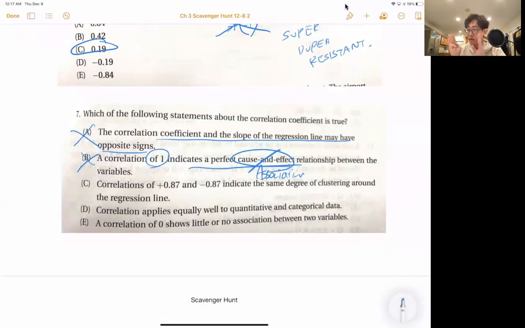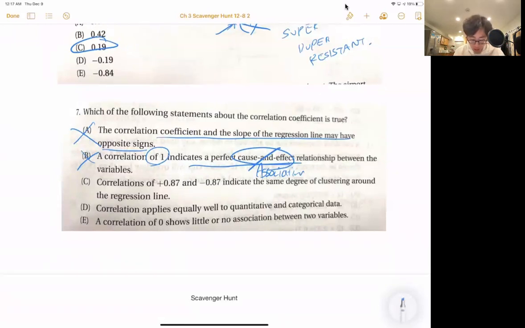If event A happens and event B happens, we don't ever want to make that type of conclusion in statistics. C: Correlation of 0.87 and negative 0.87 indicate the same degree of clustering around the regression line. For this one, we want to put a little pause button on that, because it does indicate that they have the same level of close proximity of the points to the line.